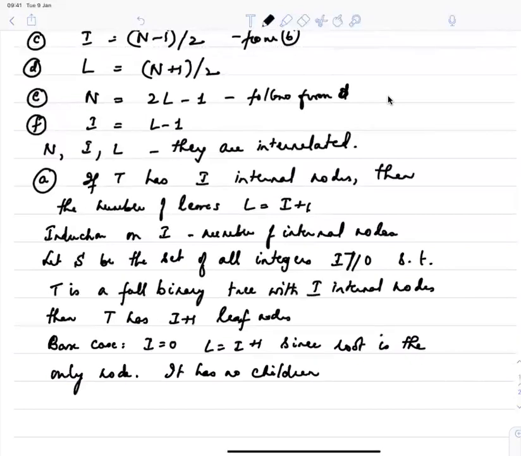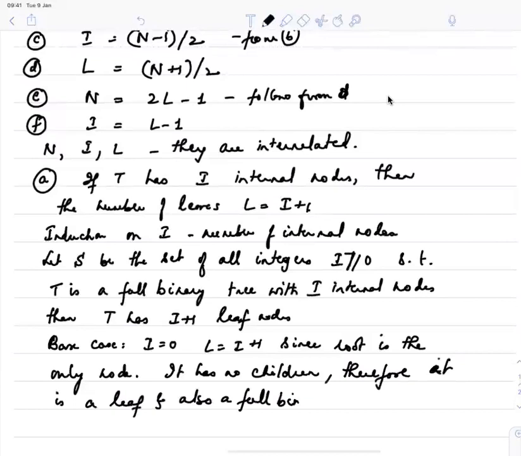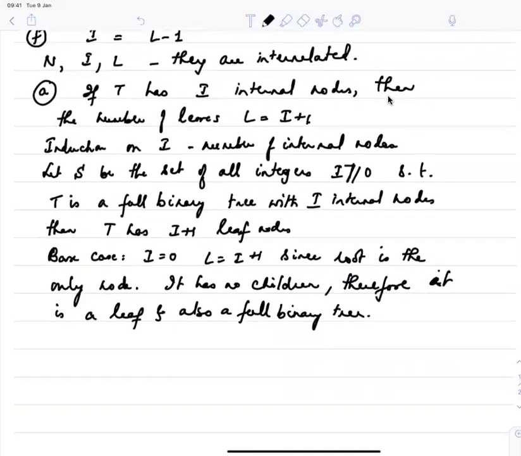Therefore it is a leaf, and also a full binary tree. That implies one leaf node. That means what? 0 belongs to S. Okay. What's the hypothesis?